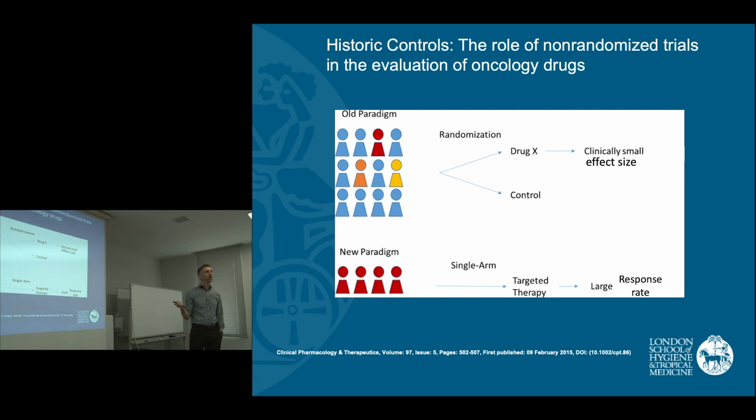It's possible, if the data exist, that I could use patients that look like these red patients, but maybe 3 or 4 years ago, when this treatment wasn't available, if I've got the right kind of data.